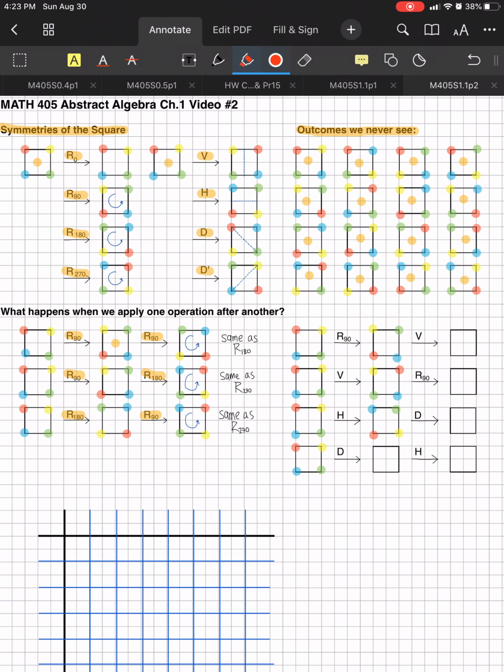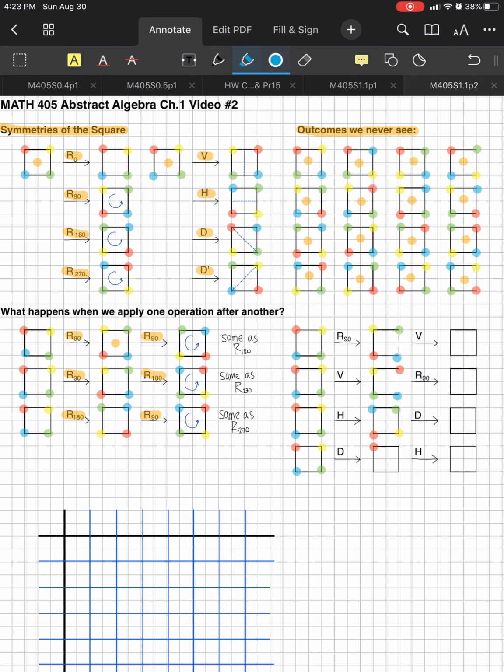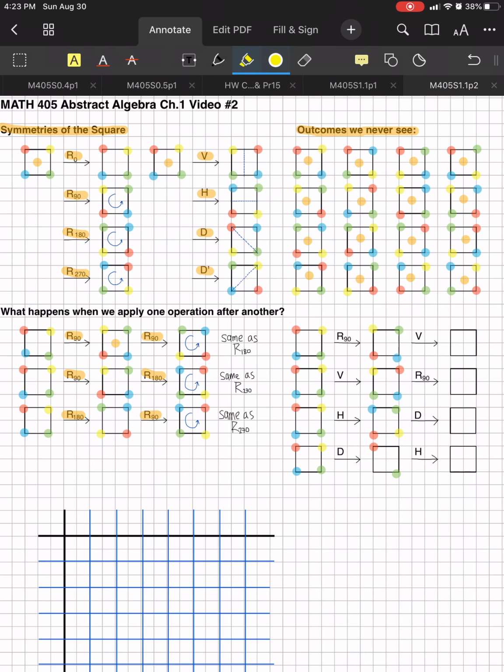And finally, the diagonal leaves pink in the upper left, and green in the lower right, but it swaps the blue and yellow, so yellow goes to the lower left, blue into the upper right. Okay, so that's what we get in the first step. We had those up above, it's nothing new.